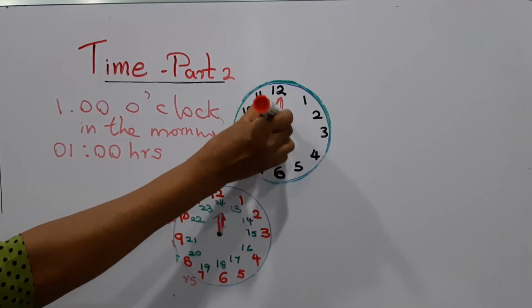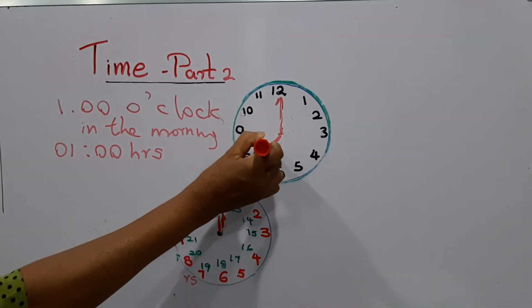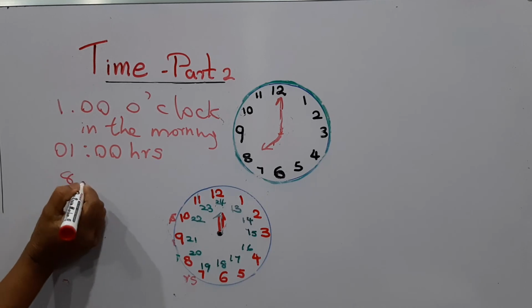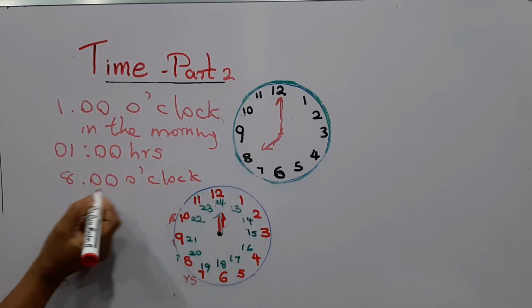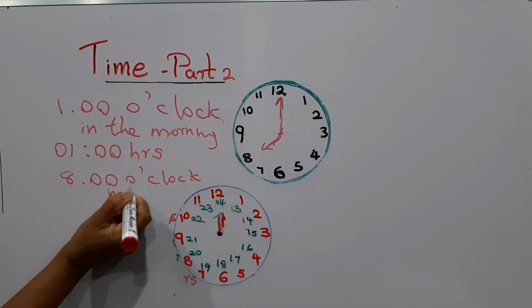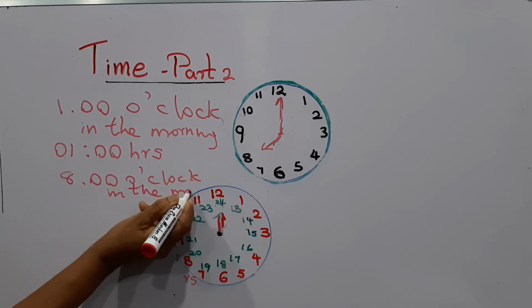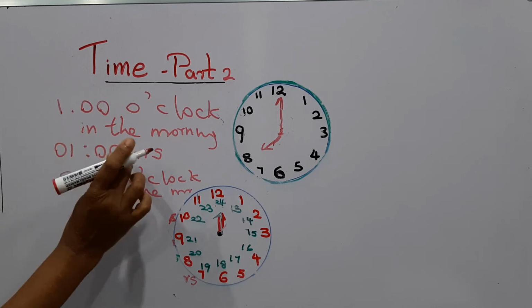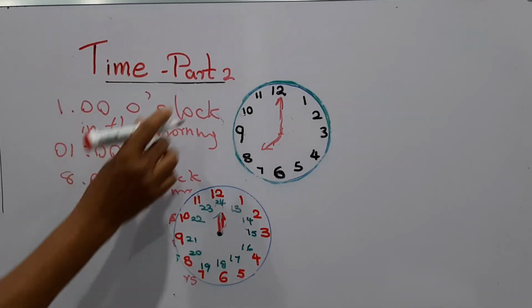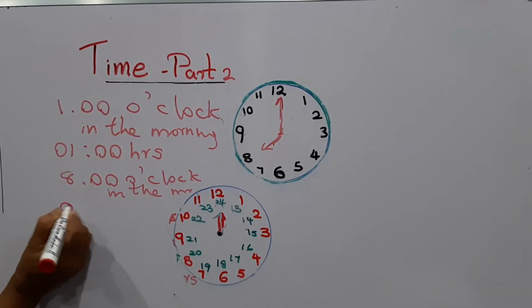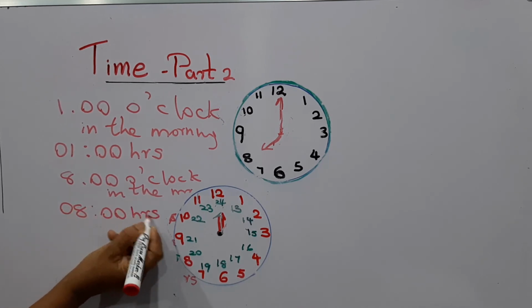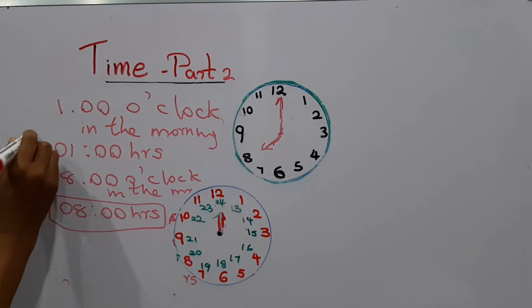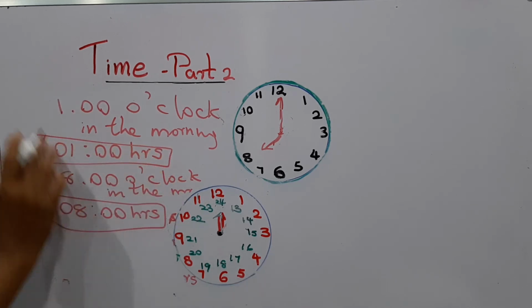We'll think the time is now 8 o'clock in the morning. Then how are we going to write in digital time or 24-hour clock time? That is 8 hours. This is in 24-hour clock time.